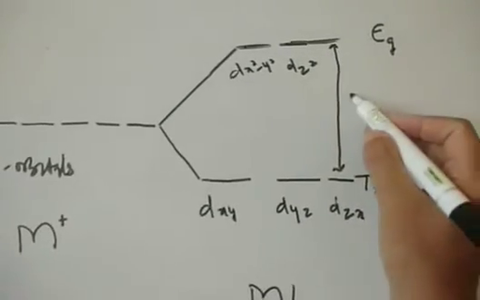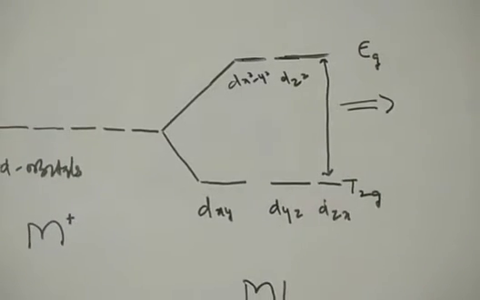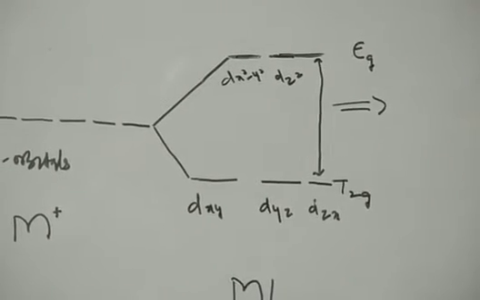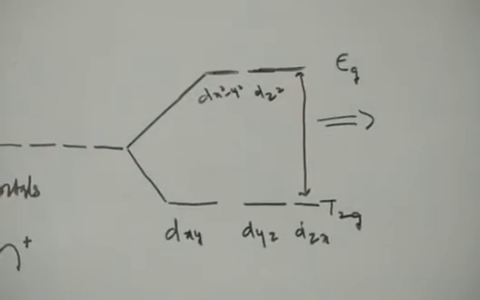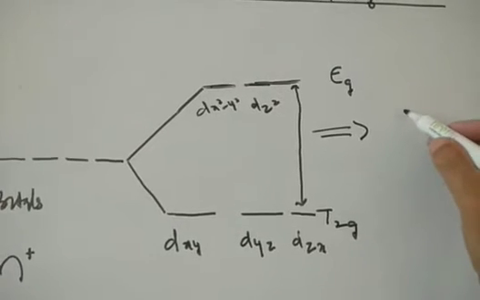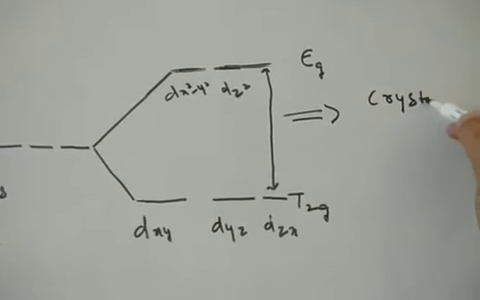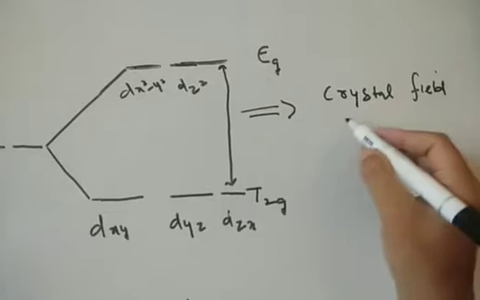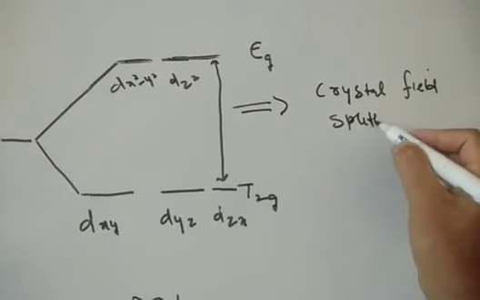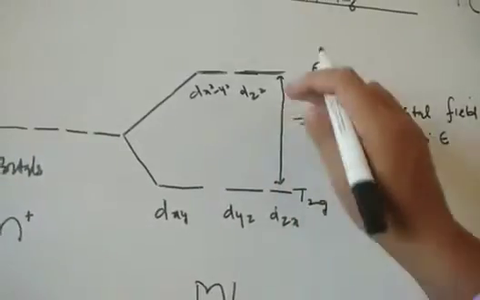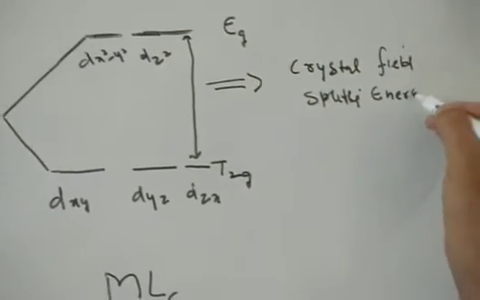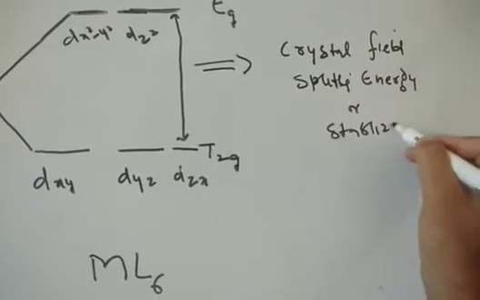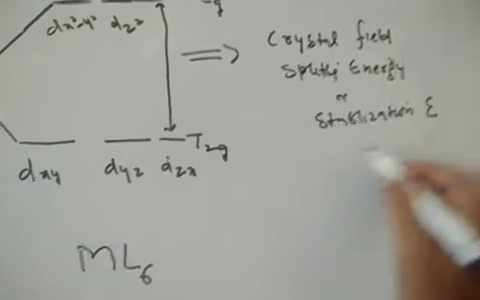We said that this energy difference between the two states is called the crystal field splitting energy, or crystal field stabilization energy, called CFSE.